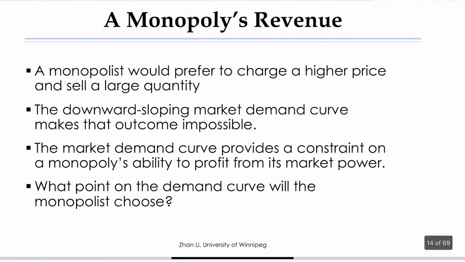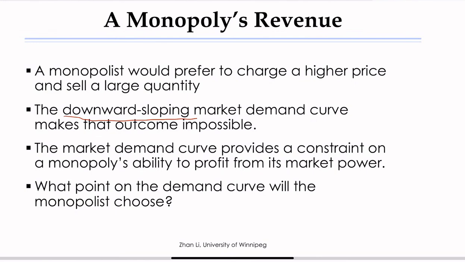To understand how a monopolist determines its quantity and price, we have to first think about a monopolist's revenue. Clearly, every firm will want to sell at a higher price and sell a larger quantity. But in the monopolist market, because the demand curve is downward sloping, if the firm wants to sell a larger quantity, it has to face a lower price.